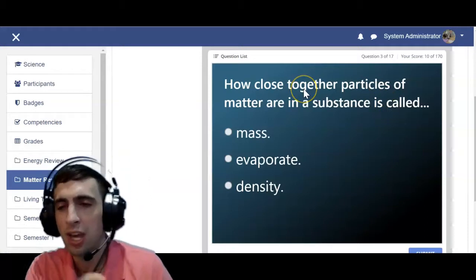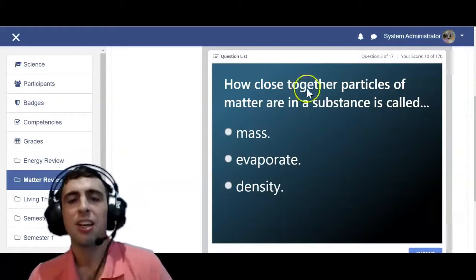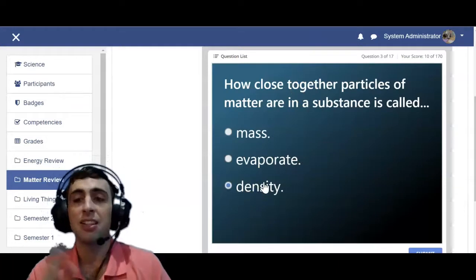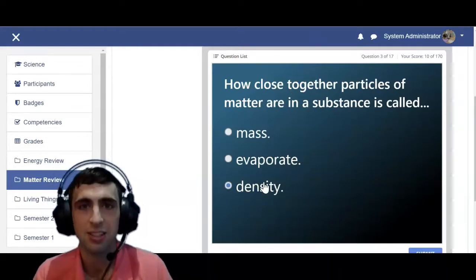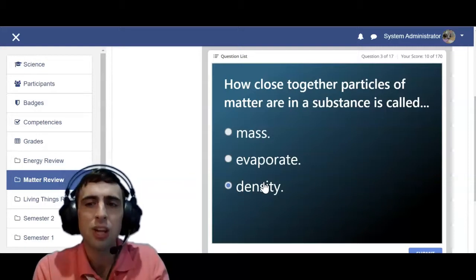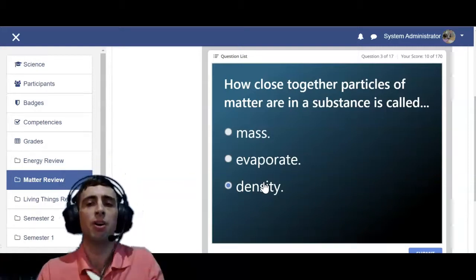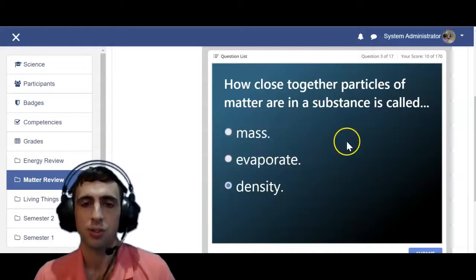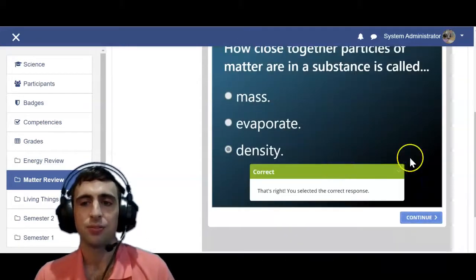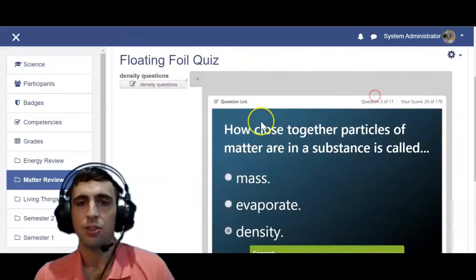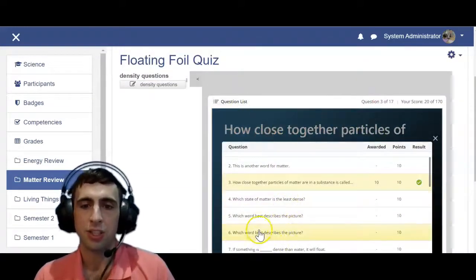Look at your vocabulary list. That is density. And today's lesson is all about density. How close together or far apart these particles are. That is density. Very good.